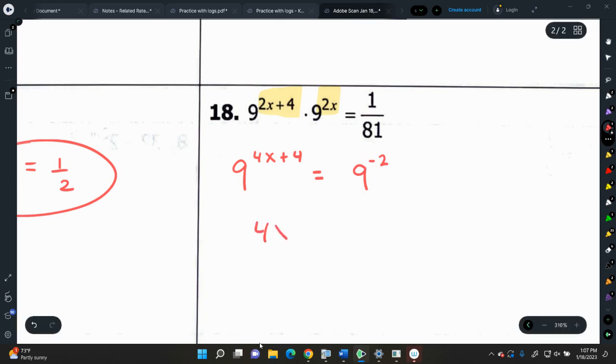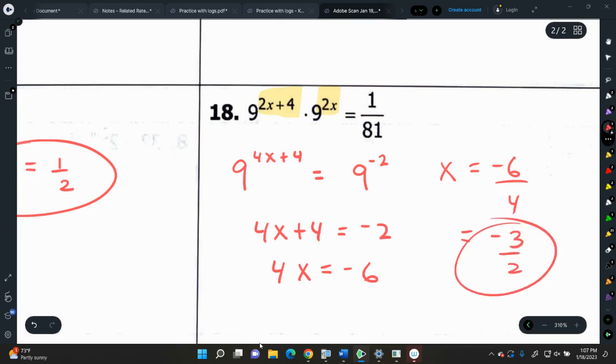So we have 4x plus 4 equals negative 2. It gives me 4x equals negative 6. x equals negative 6 over 4, or negative 3 halves. Okay. Good on that?